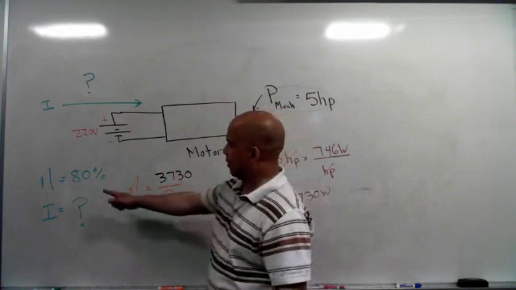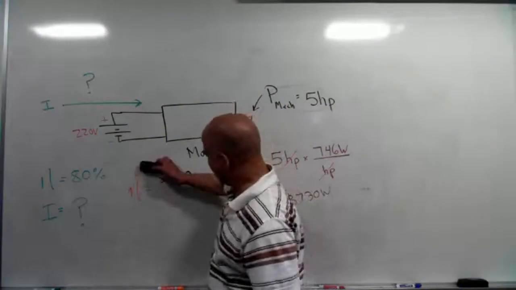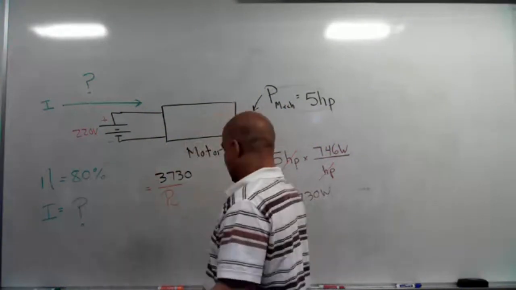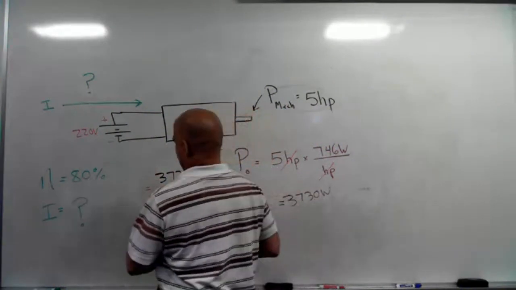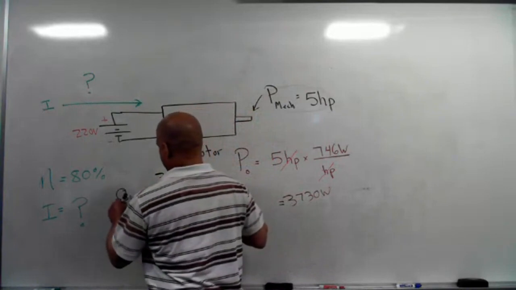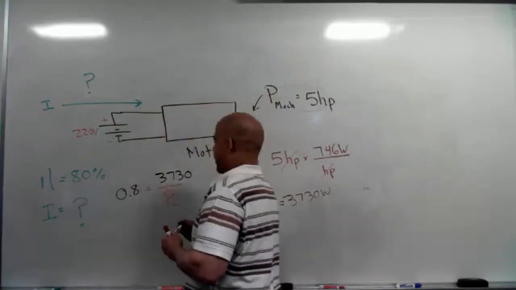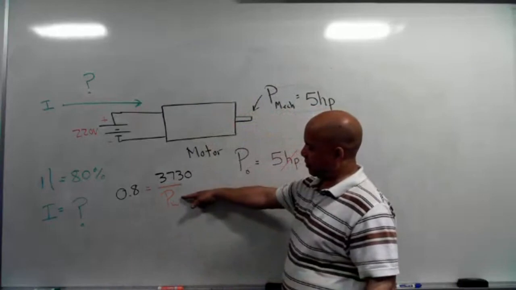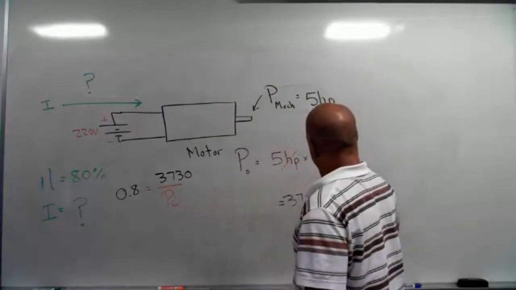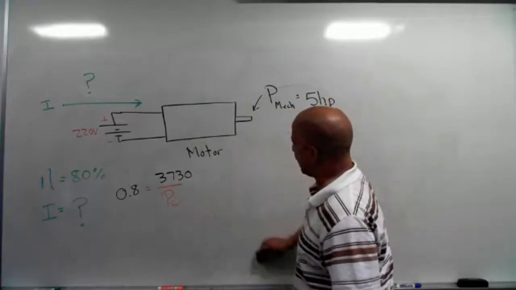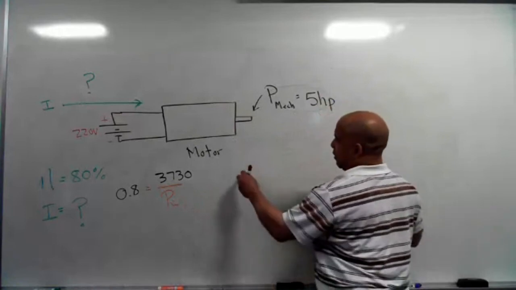And we know that this is 80%, so if I change that to a decimal, it's 0.8. The only thing we don't know is the input power, but if you think about it, we don't really need it. What we really need is what it's equal to.